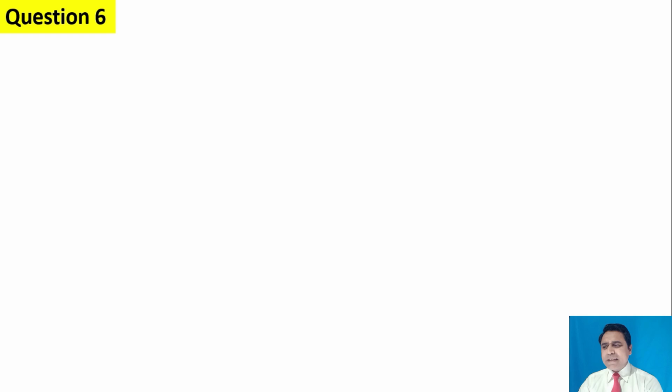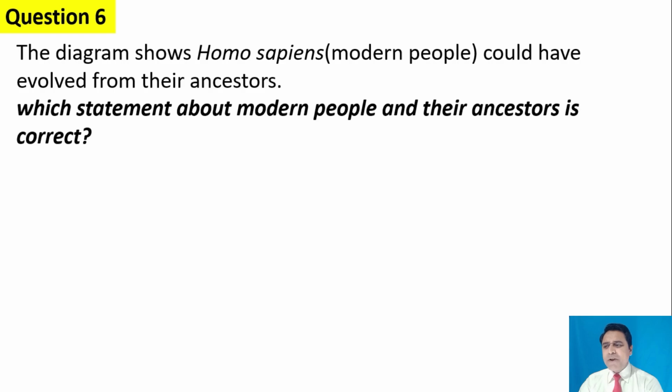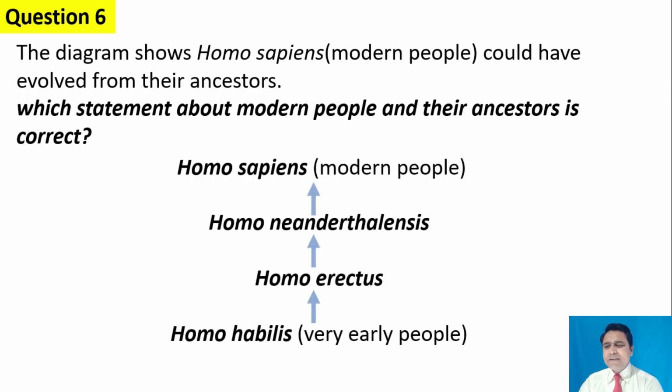Question 6. The diagram shows how Homo sapiens, modern people, could have evolved from their ancestors. Which statement about modern people and their ancestors is correct? This is the diagram. Homo sapiens, modern people, evolved from ancestors Homo neanderthalensis, Homo erectus, Homo habilis, the very early people.